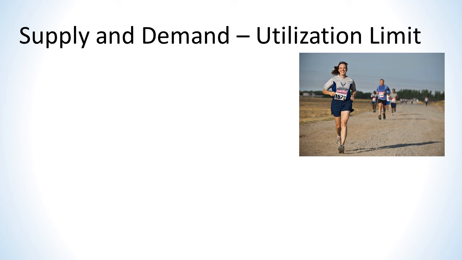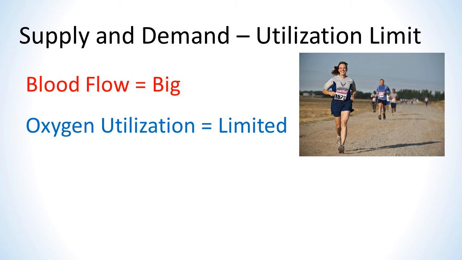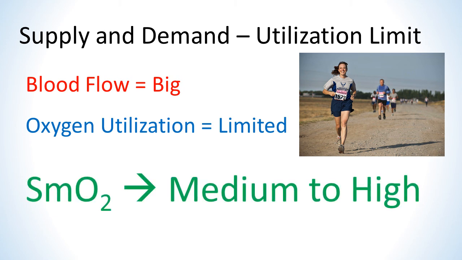For now, we are just looking at how SmO2 responds when the muscle doesn't consume all of the oxygen that is delivered. If the athlete is running like in the photo, presumably the blood flow will be elevated so the supply is high. However, if they are not consuming all of the available oxygen, the demand is smaller than the supply. This will make their SmO2 medium or even high.